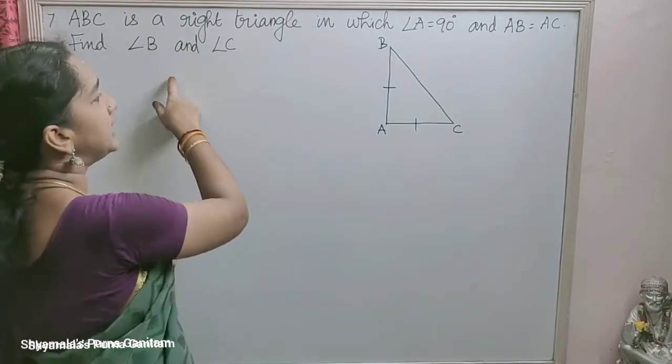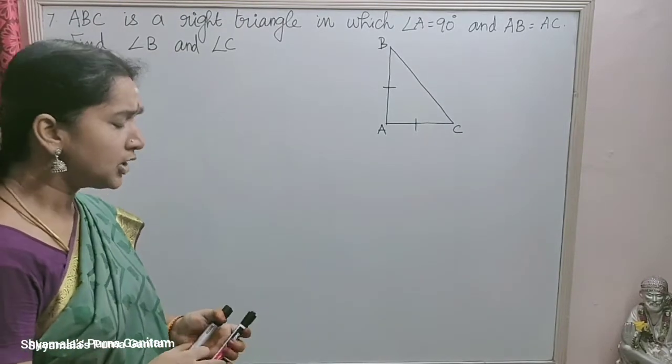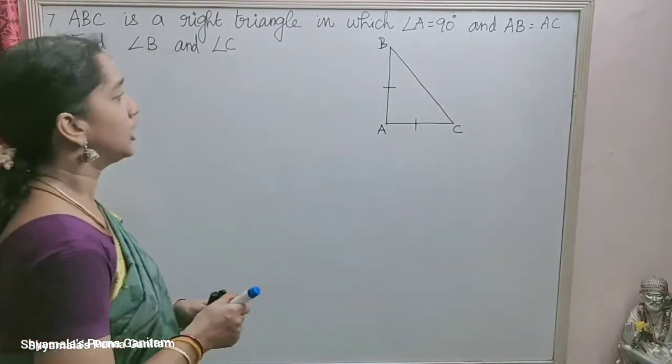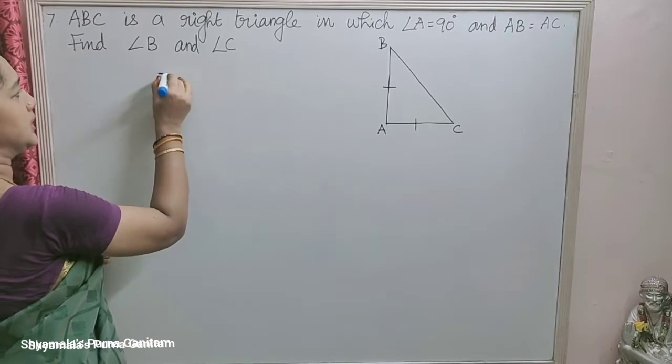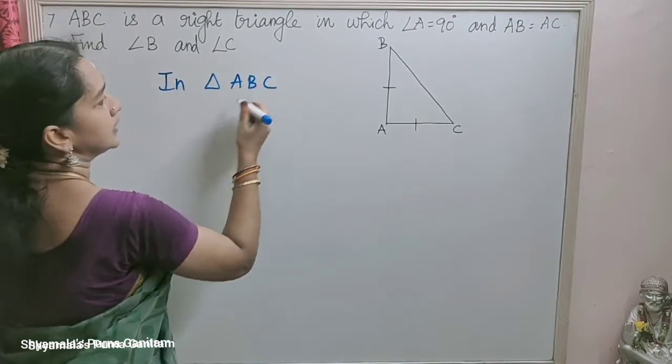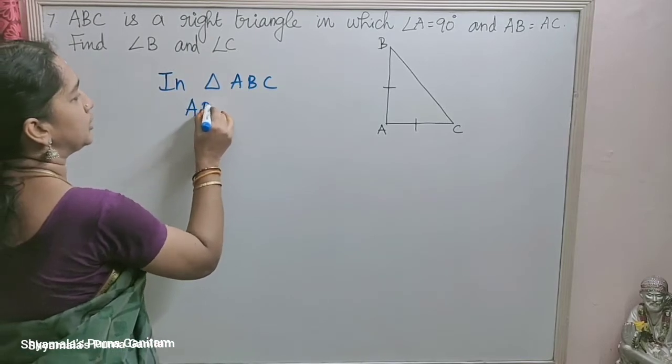This one also we will solve using the isosceles triangle property. So in triangle ABC, AB is equal to AC.